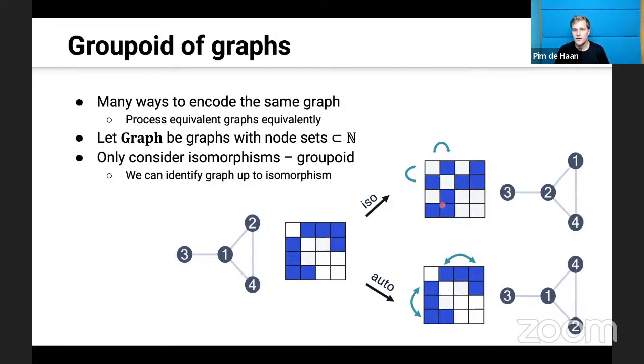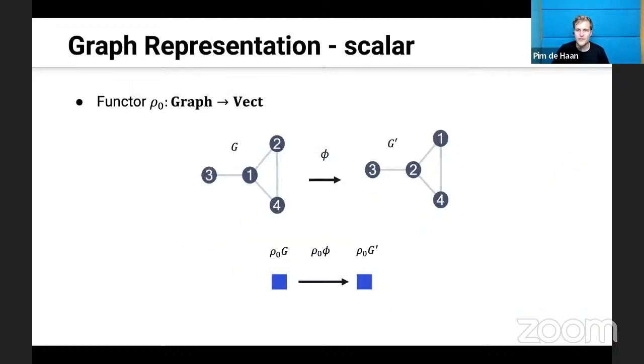So whether you first take the neighborhood and then map the nodes by the isomorphism, or first map by the isomorphism and then take the neighborhood, that does give you the same set, as you would require of a structure preserving isomorphism.